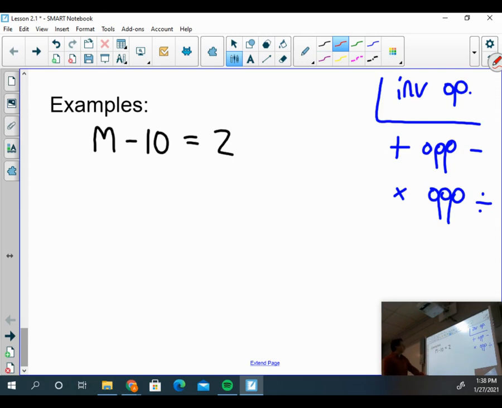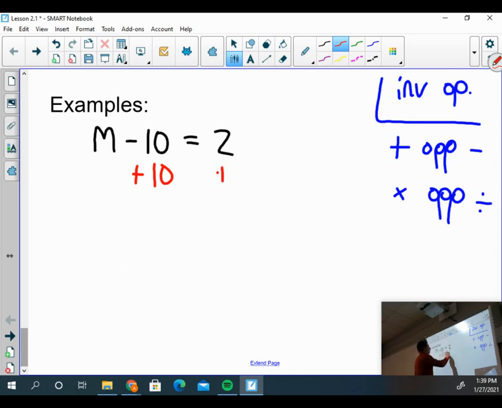We have m minus 10 equals 2. Well, we have 10 being taken away from m, whatever m is, we're trying to figure it out. So what would be the opposite of taking away 10? Well, the opposite would be adding 10. Again, I'm doing this to get m by itself because I have negative 10 plus 10 that will zero out. It'll become 0, and I'll just be left with m on the left side.